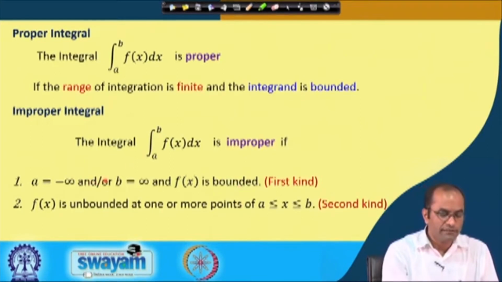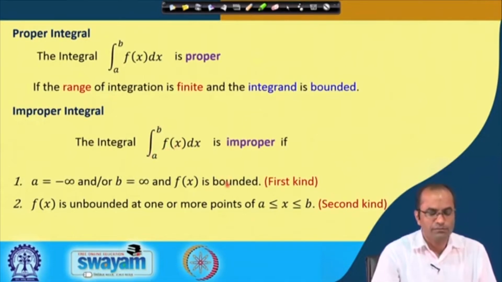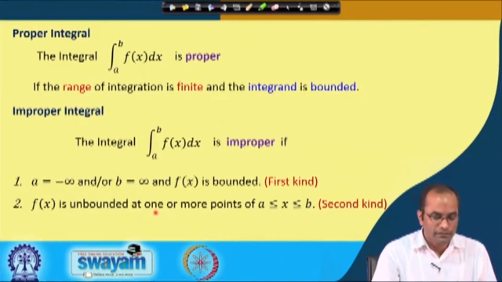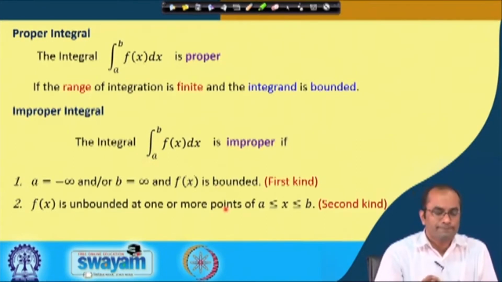So, in the first kind, the limits either a or b is infinity or both are infinity, minus infinity to plus infinity, but here the f x is bounded in the integral of first kind, whereas in the integral of the second kind we assume that this f x is unbounded between this a and b, and the range of the integral is finite from this a to b.